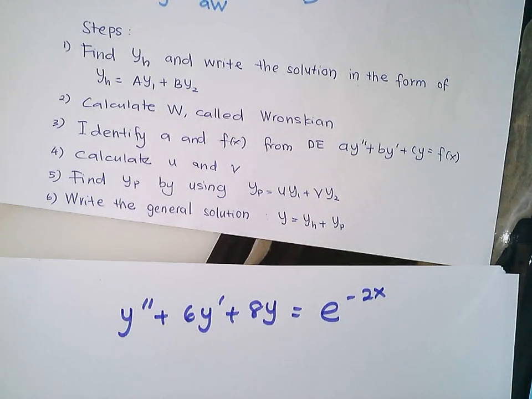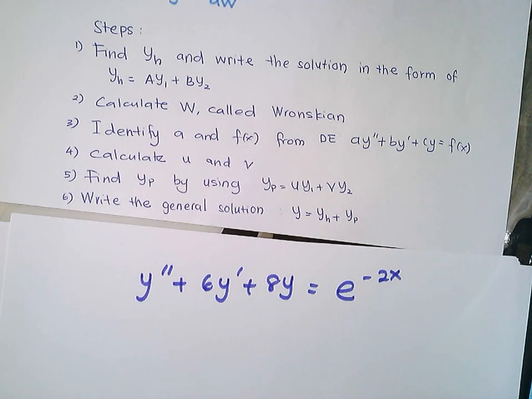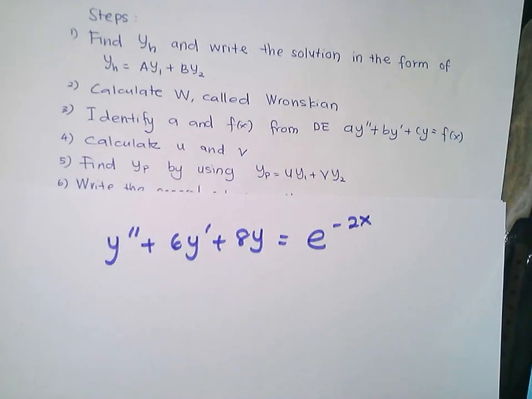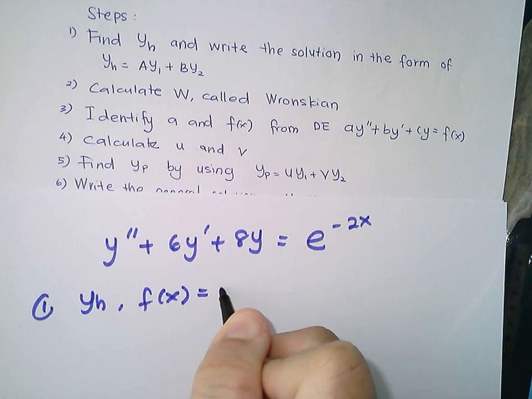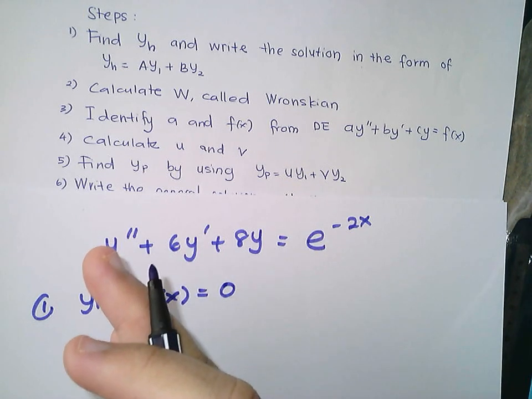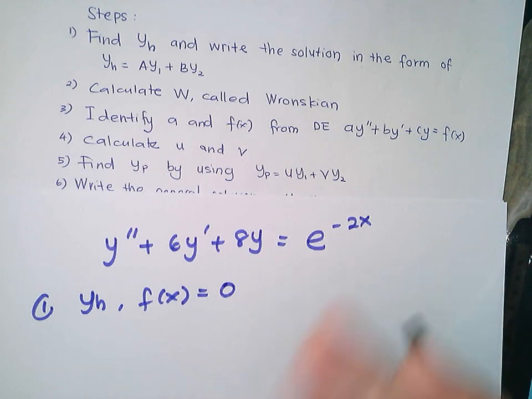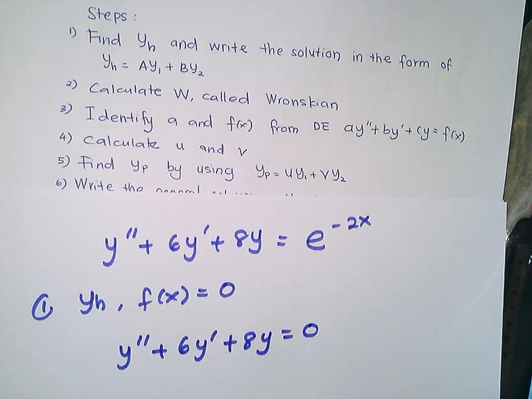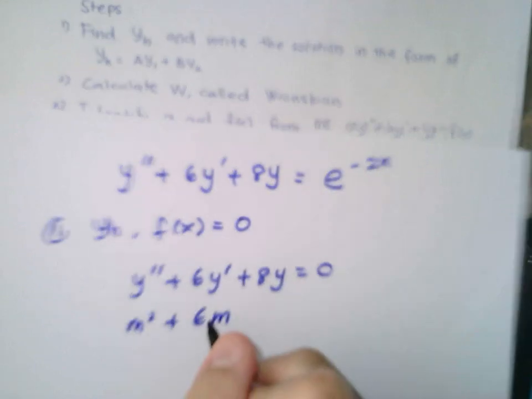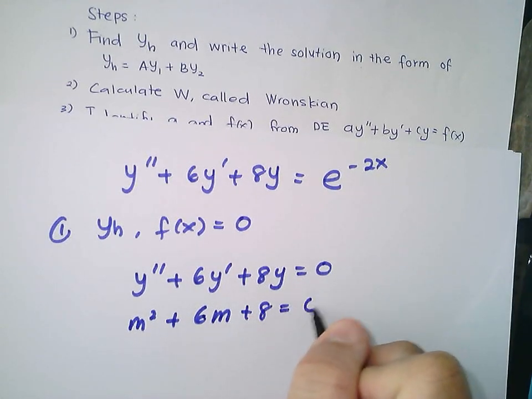First, you have to find your YH, the homogeneous solution. Find YH by assuming f(x) equals 0. Remember, when you want to find YH, you have to assume that f(x) equals 0. So you will have y double prime plus 6y prime plus 8y equals 0. Changing this into the characteristic equation gives m squared plus 6m plus 8 equals 0.